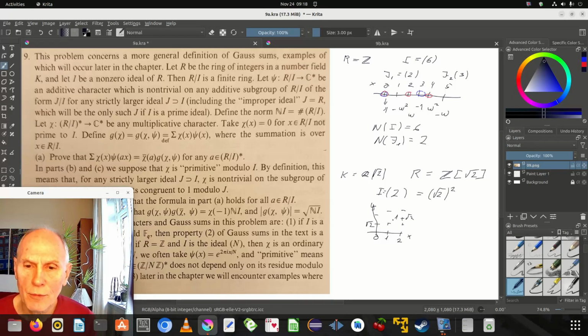Now this is 1 plus square root 2. So the ideal generated by 2 equals the span of 2 and 2 square root 2.